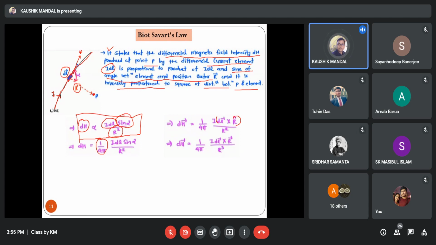Sorry, this is not the unit vector itself; this is the unit vector along this particular direction, the unit vector r cap, so I dl cross r cap.